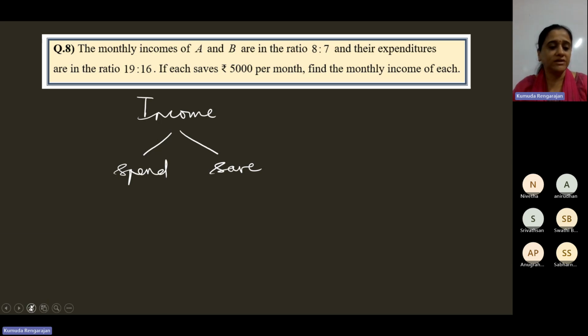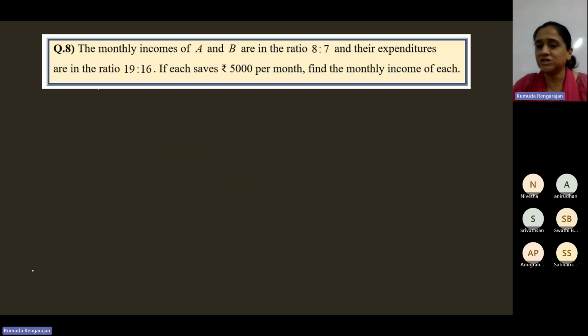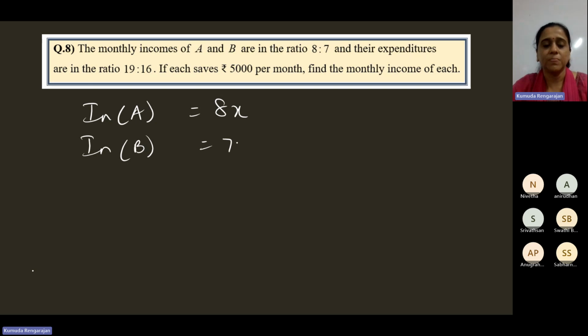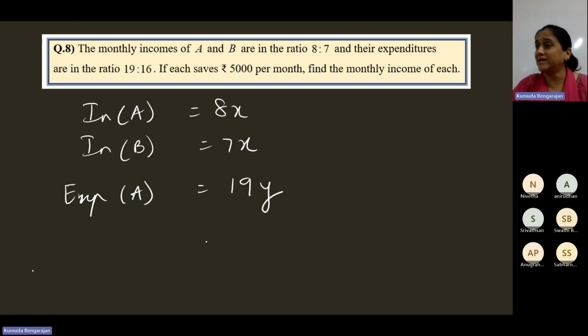Okay, so the incomes of A and B are in the ratio 8:7. So let the income of A be 8x and let the income of B be 7x. Let the expenditure of A be 19y, not 19x. Different ratios, you must use different variables.